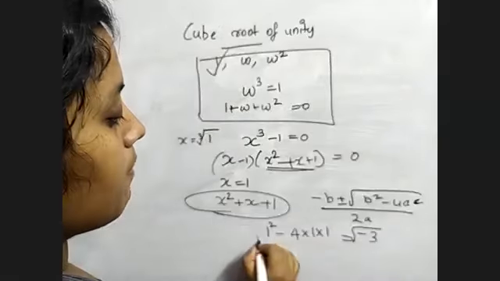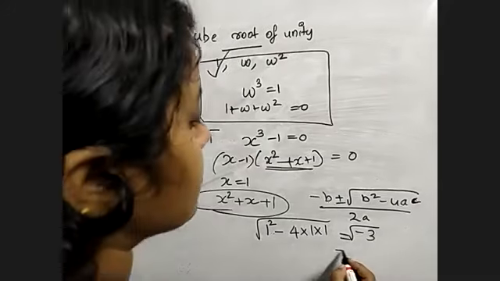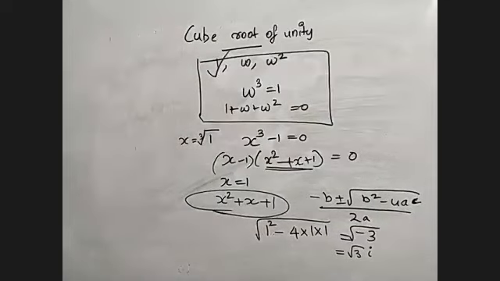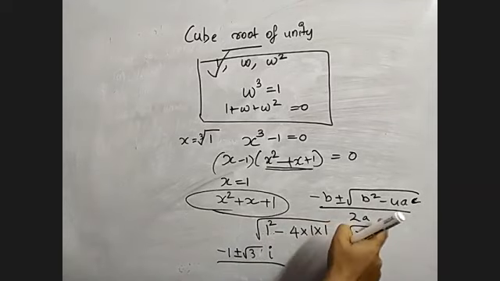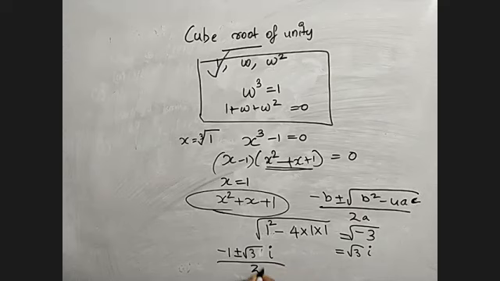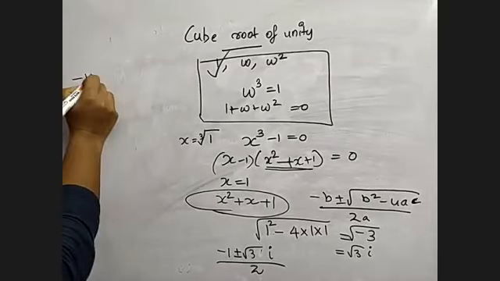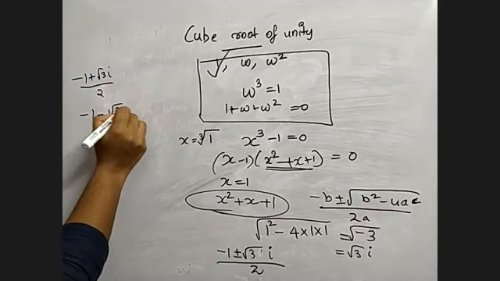Root of minus 3 will come here, so that I can write as root 3i. So minus b means minus 1 plus or minus root 3i by 2a, that is 2. So these are the other two roots: minus 1 plus root 3i by 2, and minus 1 minus root 3i by 2.